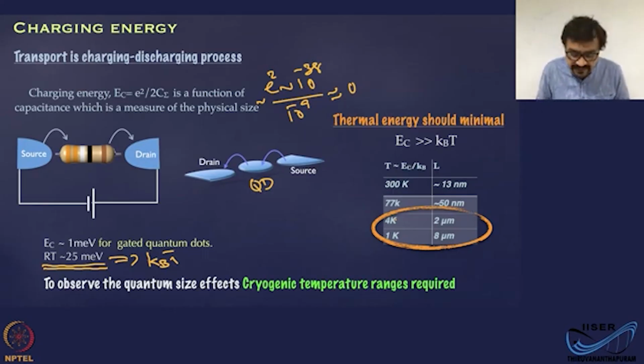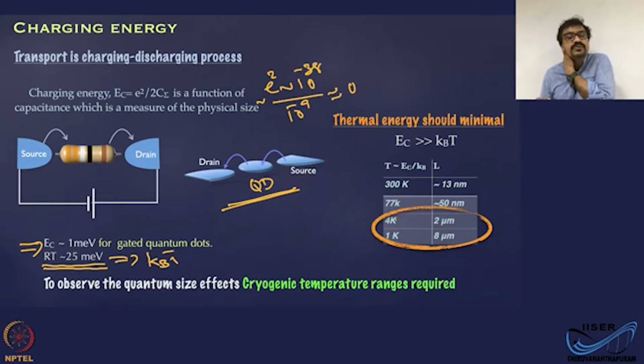So if you have a charging energy of, say, a milli electron volt, and you try to run a current through the system, you can easily run it even at a really small voltage, because room temperature itself is going to populate or depopulate this region by thermal fluctuations. So you can easily run a current through it. You don't need really high energy. You don't need to apply any extra energy. But that is not the case.